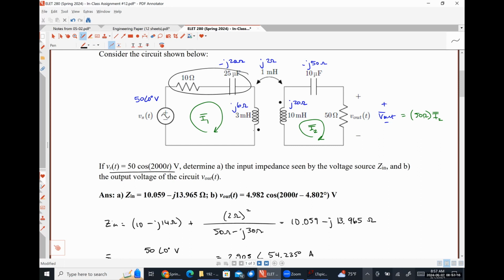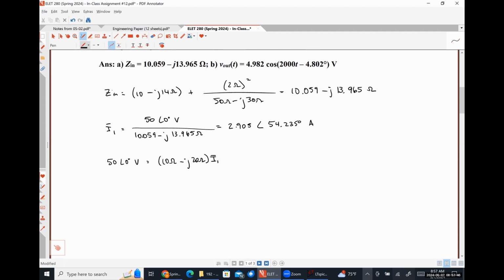So if I want that term to have a positive sign, I effectively have to define my voltage to have the positive polarity terminal at the undotted terminal because the current is flowing into the undotted terminal, right? So if the positive polarity terminal is at the undotted terminal and the current is flowing into the undotted terminal, then I will get plus J6 ohms times I1.